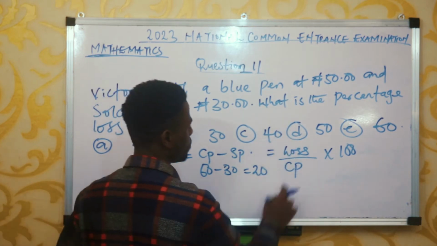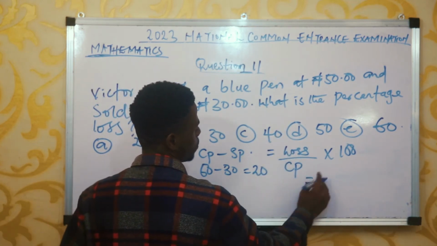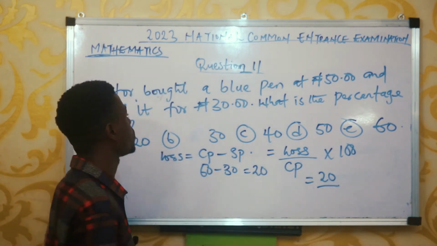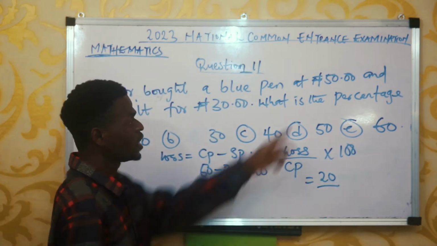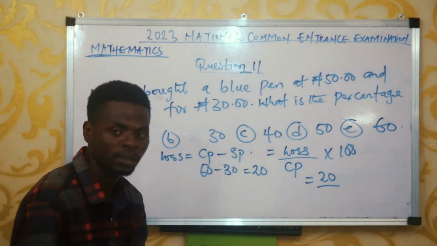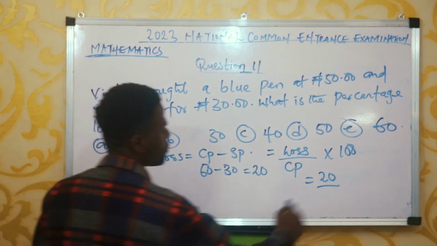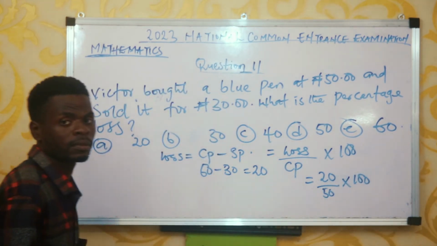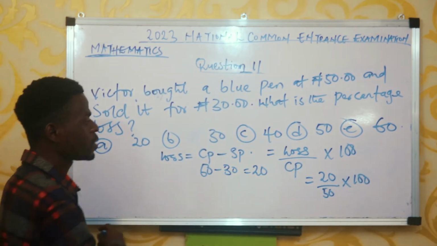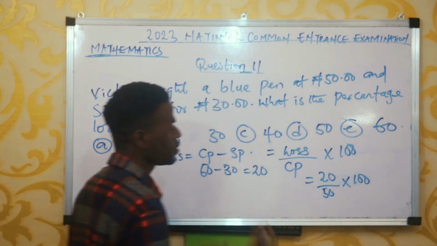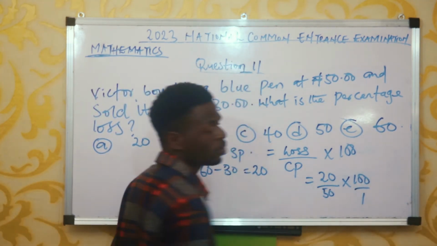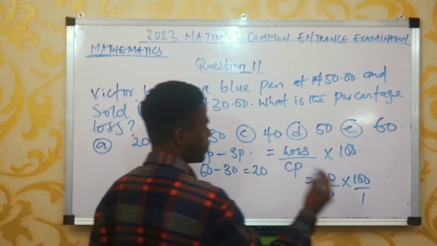So we now bring it there. We now say that 20 over the cost price. The cost price is 50. That's the amount imported. That's the cost price. So we have 50 times 100. So we can multiply it that way, 20 times 100 divided by 50. Or we can still divide it and cut it as well. Okay, let's cut it.